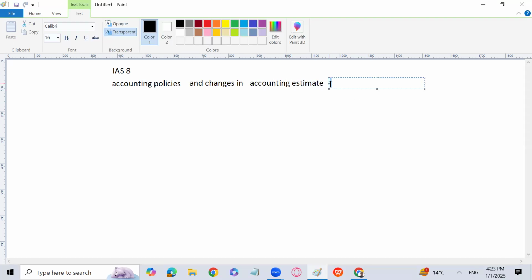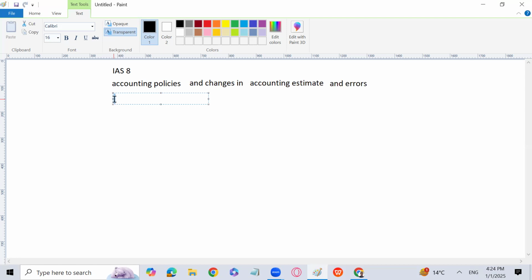It says that if an error has been committed and it has come to be known that you have not drafted or adjusted the financial statements because of those errors, and the adjustment has not yet been made, then you have to adjust the financial statements retrospectively or prospectively. So I will write here: accounting policies, changes in accounting estimates and errors.